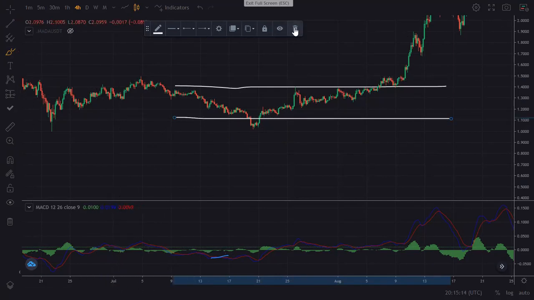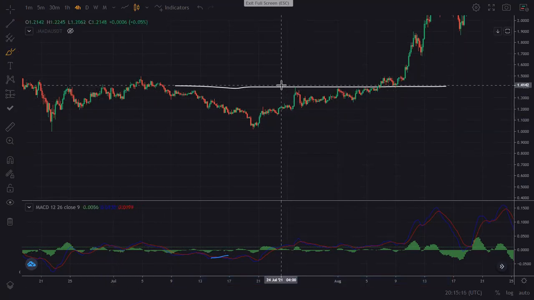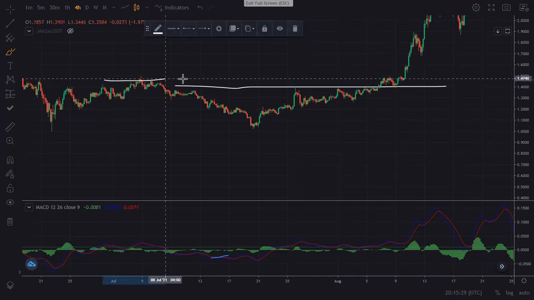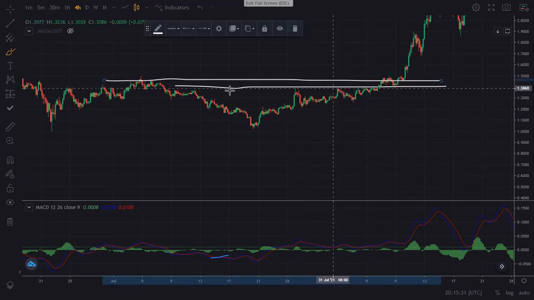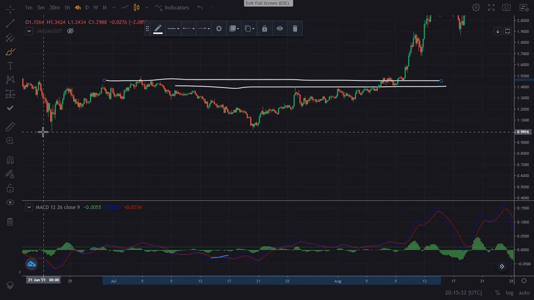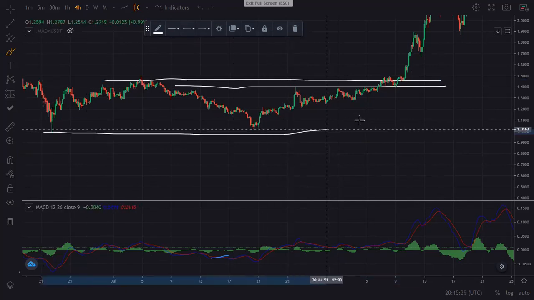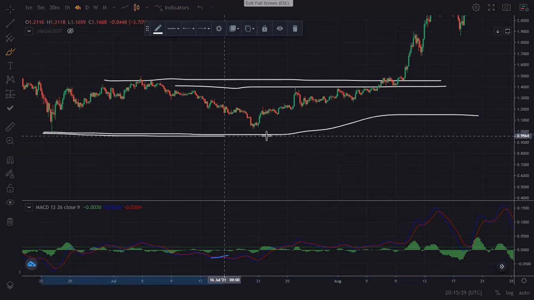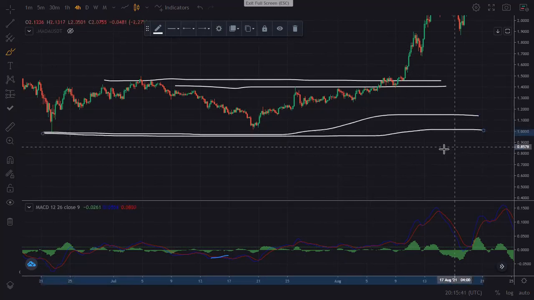So you draw two lines up and down from here. The previous highest high, that's where you draw the line from. And the previous lowest low, that's where you draw the line from. So we have two lines like this.